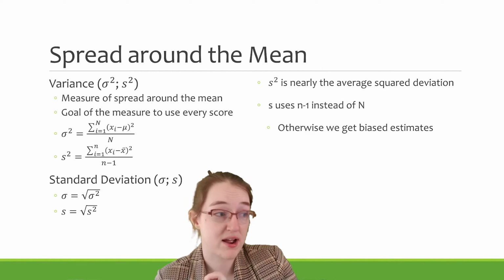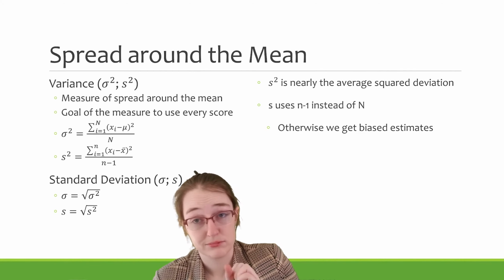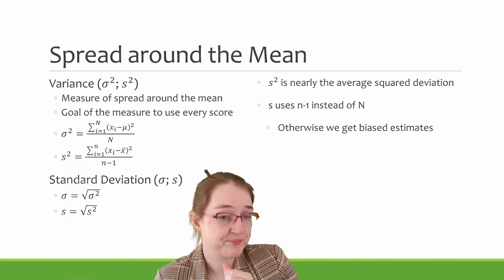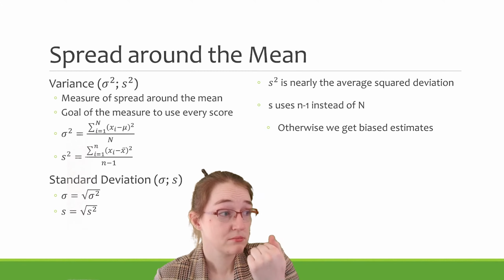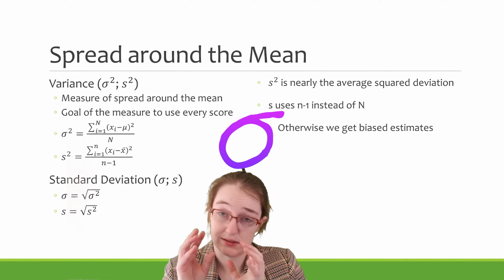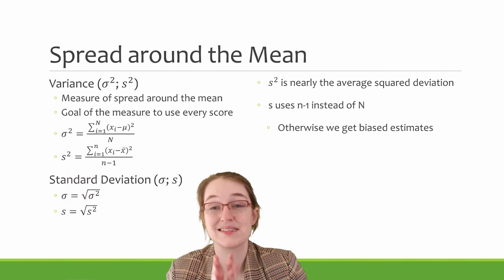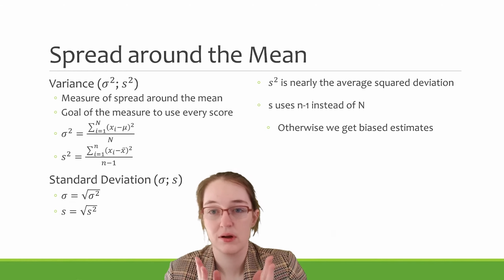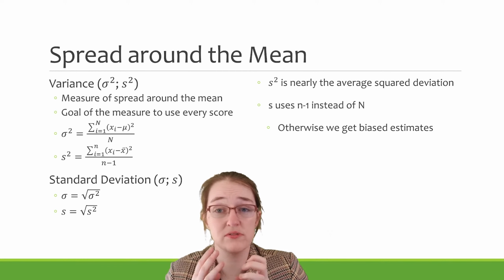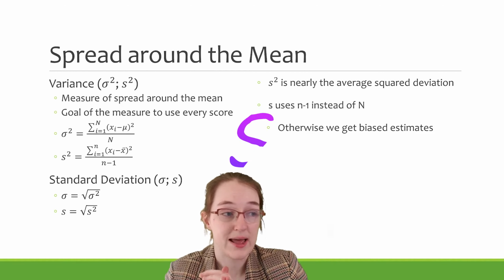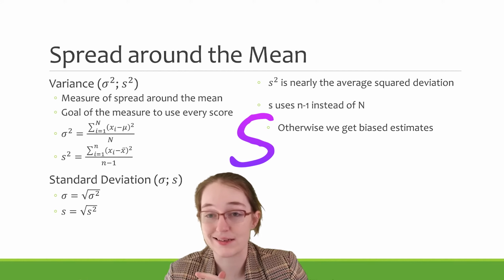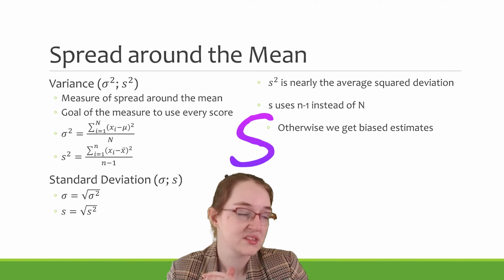To remind you all, sigma is that Greek letter with the little curl. That's our population value. Those are not estimates. Those are true values, while s is our sample.